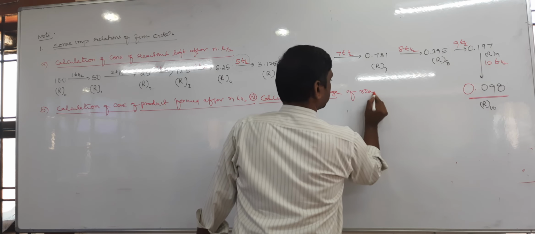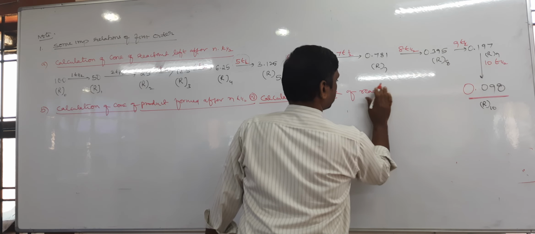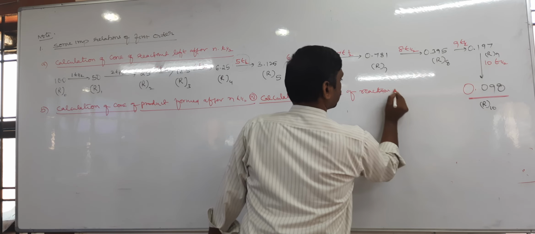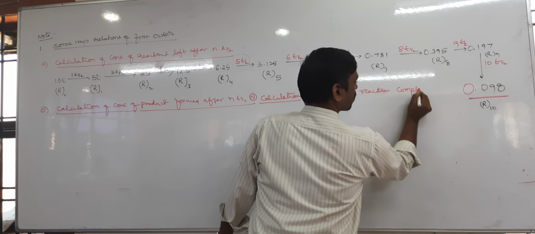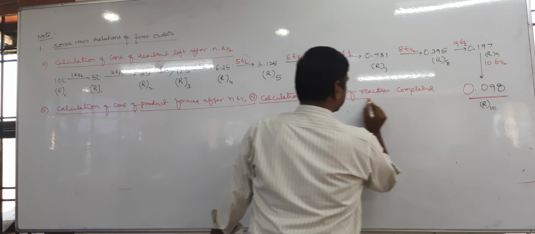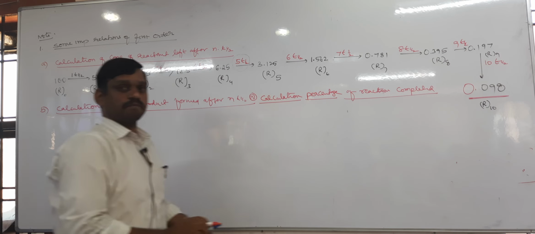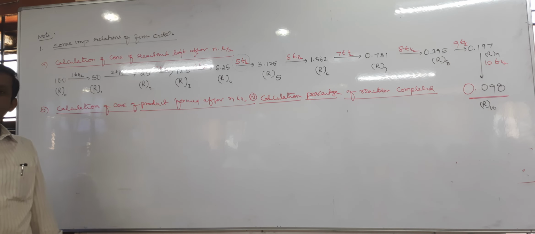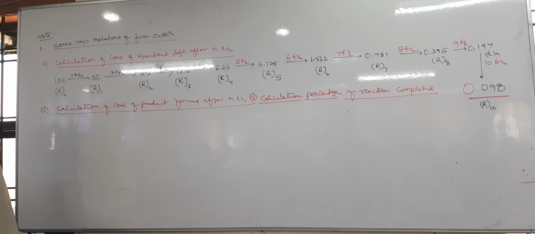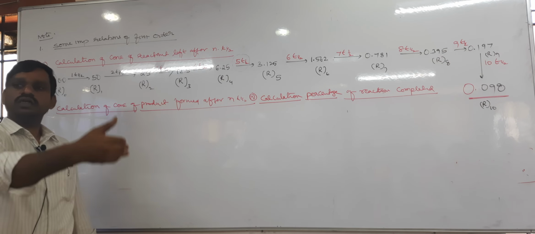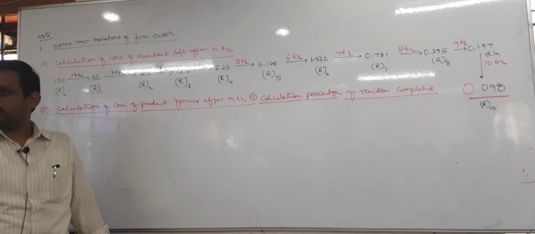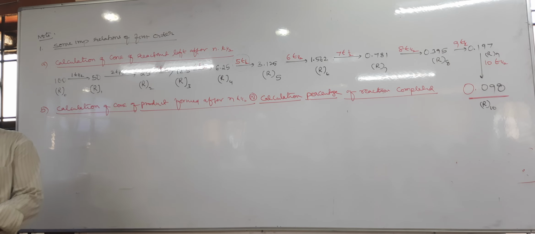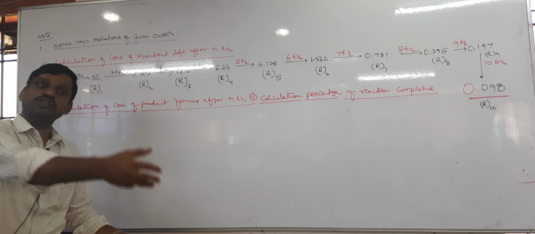So what is the percentage of the reaction completed? Suppose 10% of the reaction is completed, how much product is formed? 10 only, right? Whatever the percentage of reaction completed, that much product will be formed.